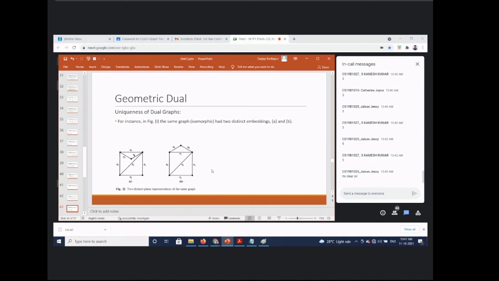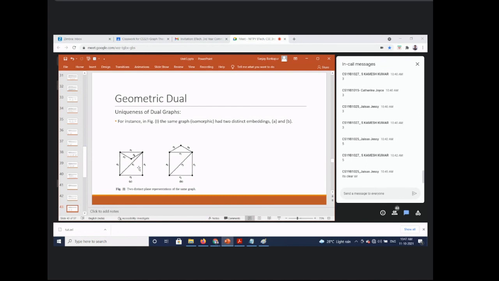Of course, yes. It's just that the projection of this rectangle, the edges E5, E6, E7, instead of projecting outside, has come inside in this graph A.